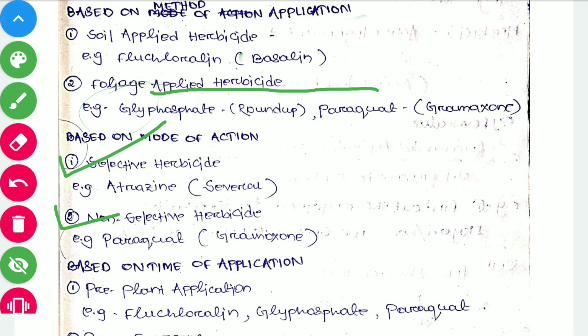So in such a situation, that is in a mixed growth of plant species, some herbicides will selectively kill the weeds. Such kind of herbicide is called selective herbicide, meaning in a mixed growth of plant species, it will kill some species without injuring the other species. As an example we can take atrazine and its trade name is Several.